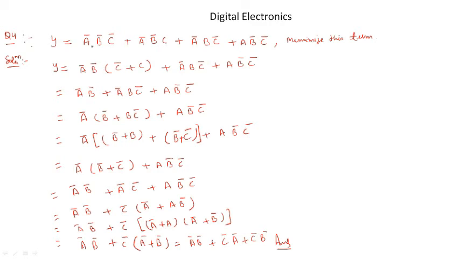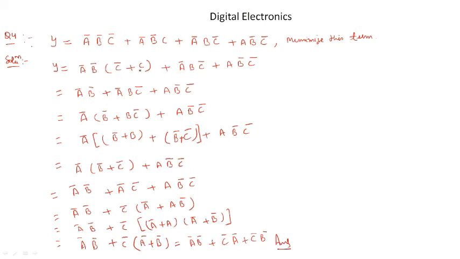Now in the first two expressions, a bar b bar c bar plus a bar b bar c, you can see that a bar b bar is common, so we will write a bar b bar (c bar plus c) in bracket. Similarly, for the third and fourth terms, we will write these terms as they are: a bar b c bar plus a b bar c bar.